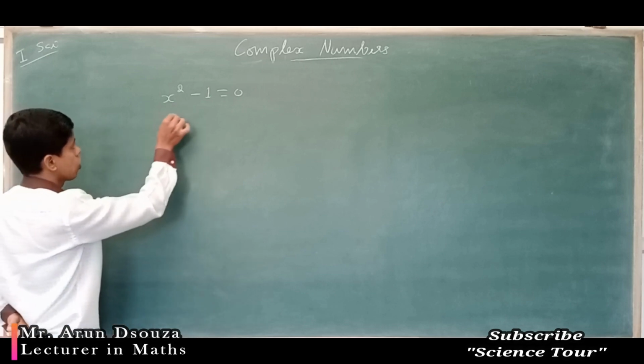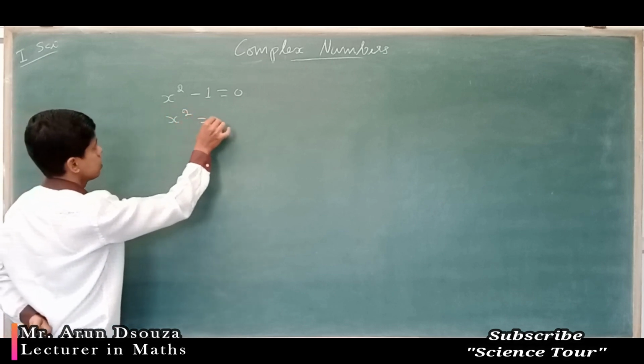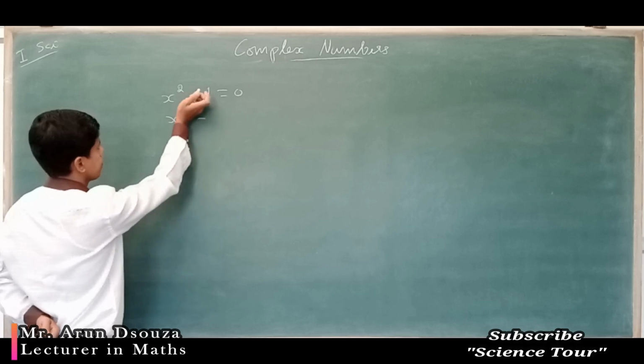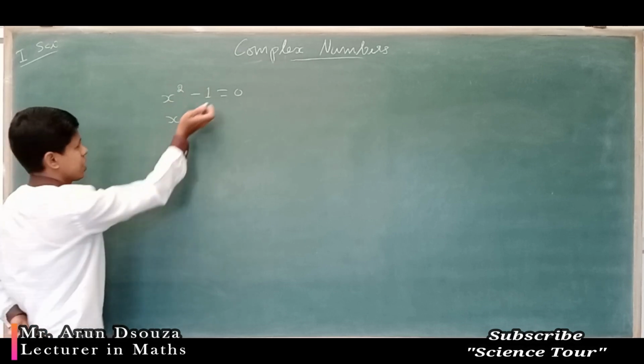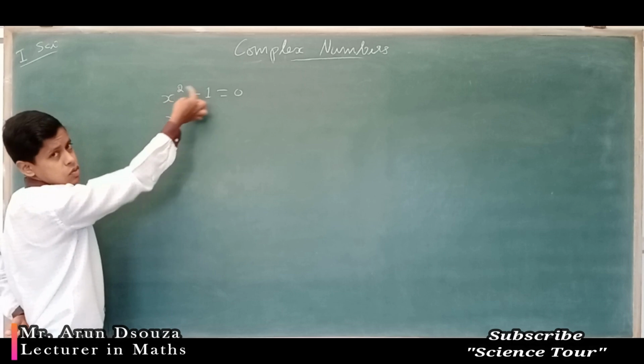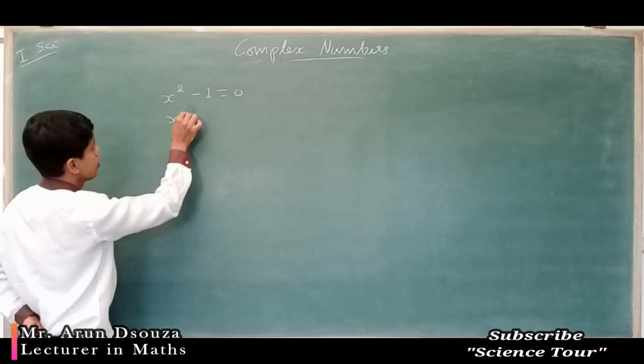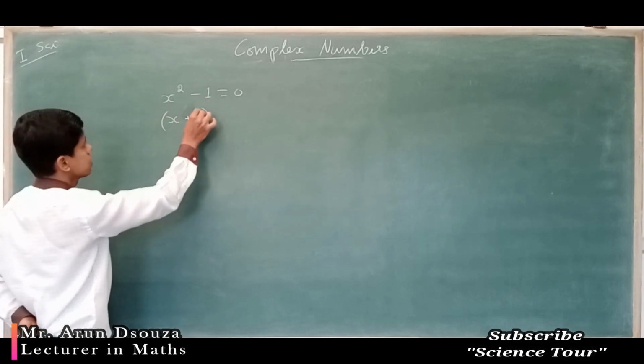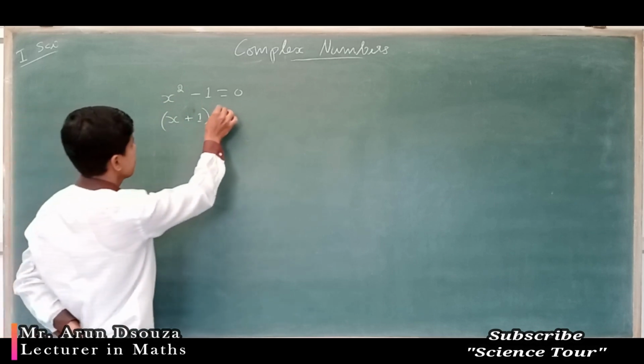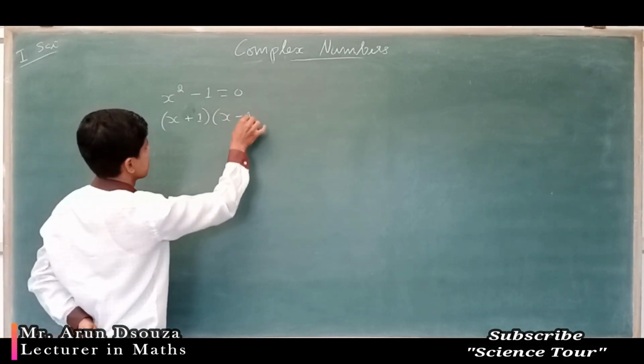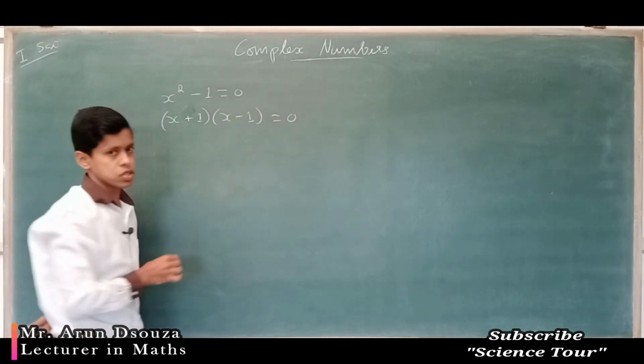How do you solve it? This is the simplest one. You can write two factors like this. This is a square minus b square, therefore a plus b, in this case x plus 1 and x minus 1, is equal to 0.